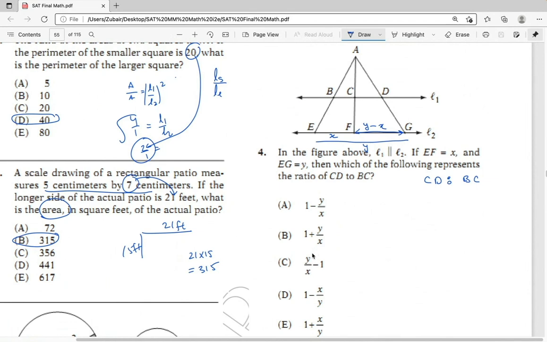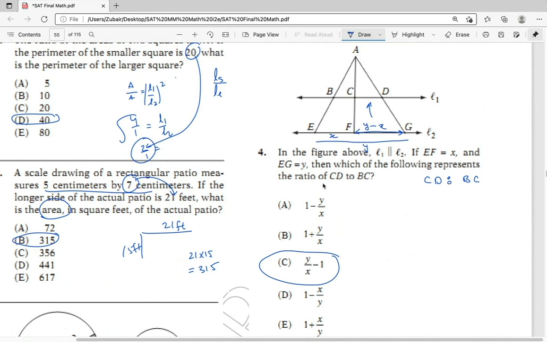Sir, I'm not sure, but I got y over x minus 1. That is correct. CD, yes, I got this. You got the same? No, I had no idea how to do it.